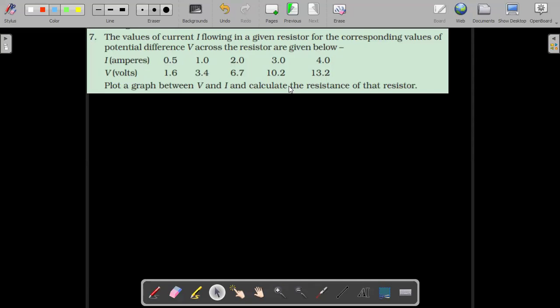I is in amperes, V is in volts. Now, you have to plot a graph between V and I and calculate the resistance of that resistor. So first of all, we will try to plot a graph for this.